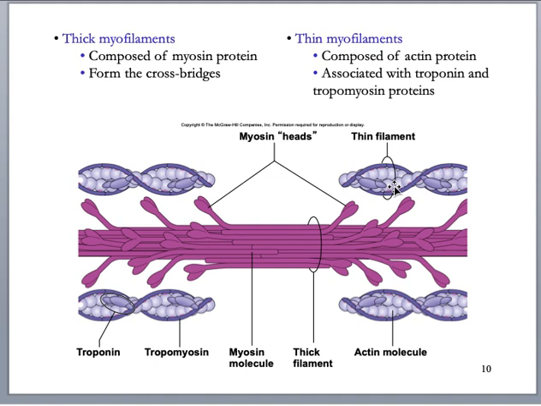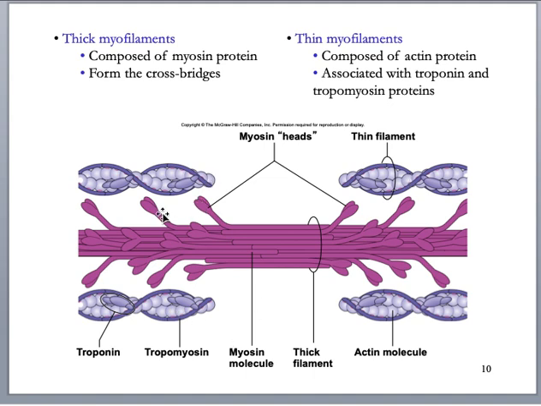Now, the darker purple or blue, whatever color your eyes see, this thin, more filamentous protein associated with the actin is called tropomyosin. Tropomyosin is going to block the myosin binding sites on actin.